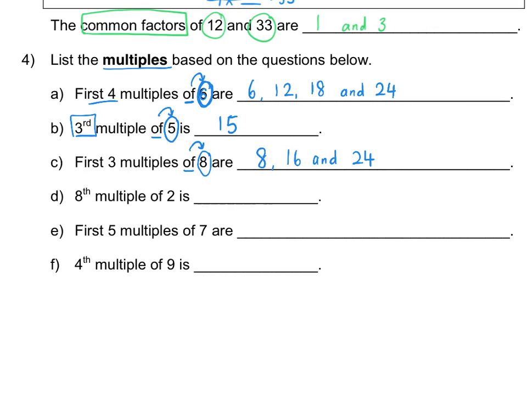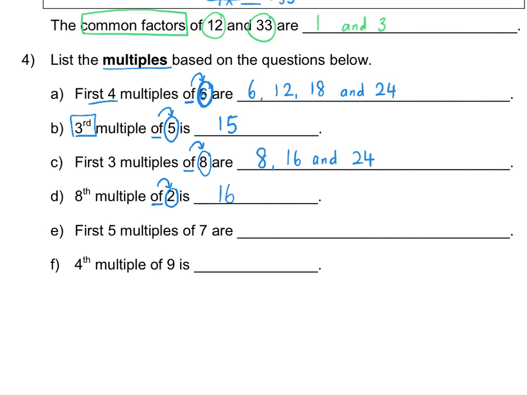Part D. 8th multiple of 2. So same thing, you look behind the word of. You are looking for the 2 times table, which is the 8th multiple of 2. So you have 2, 4, 6, 8, 10, 12, 14 and 16. That will be the answer.